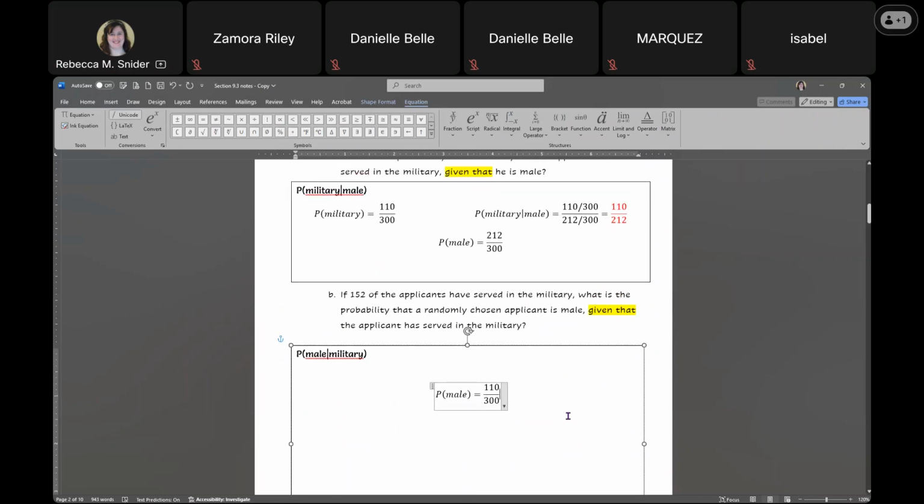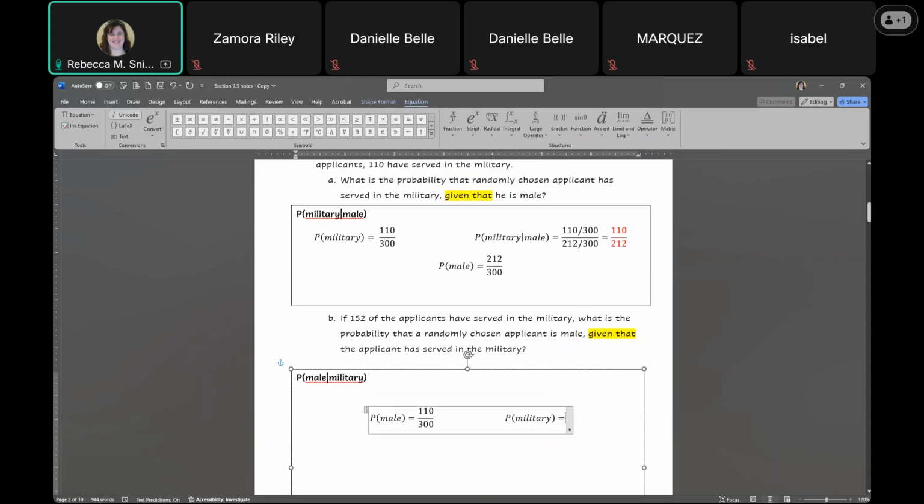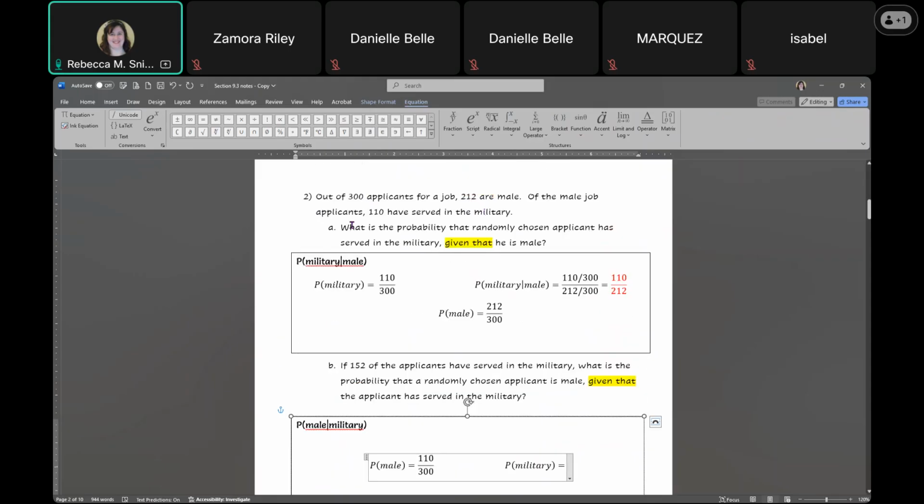Okay. Now, the secondary or the partner piece is to find your military. So here my condition says I can't use anything else, because we just talked about that 212 representing males that are both service and non-service members.